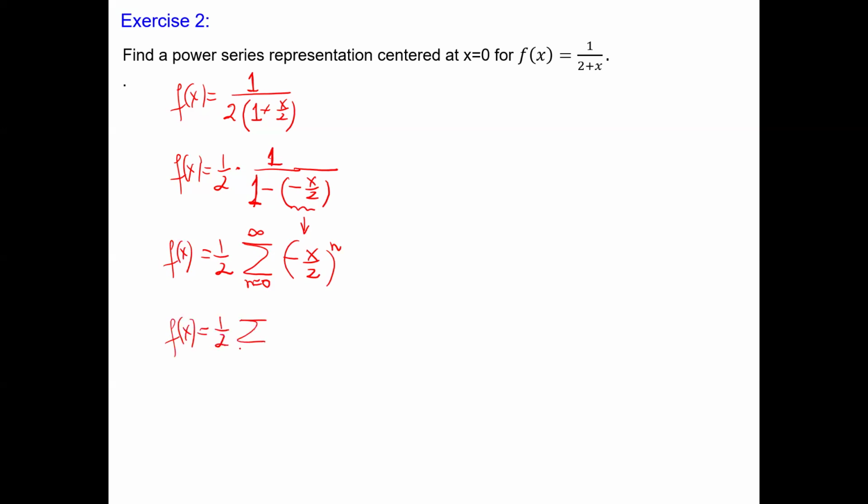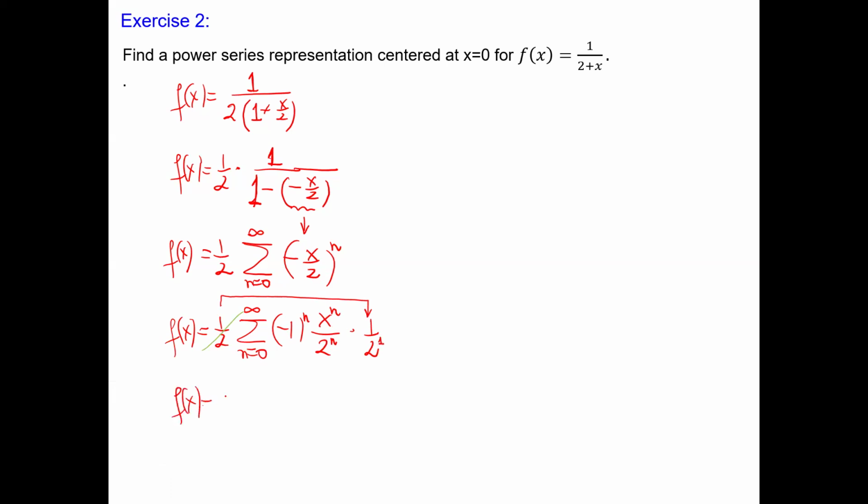Let's clean it a little bit. Let's rearrange. Negative 1 is raised to the power of n, x is raised to the power of n, and 2 in the denominator is raised to the power of n. We will also move that 1/2 behind the sigma. This means I can remove this one, and this is 2 to the power of n and 2 to the power of 1.